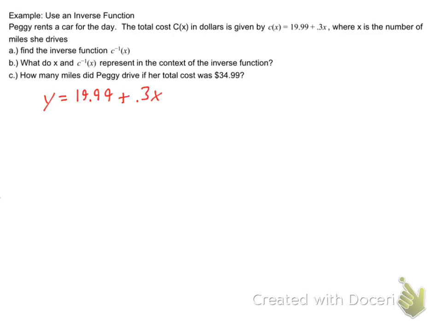Switch it up, so x equals 19.99 plus 0.3y. Next step, subtract 19.99. So x minus 19.99.